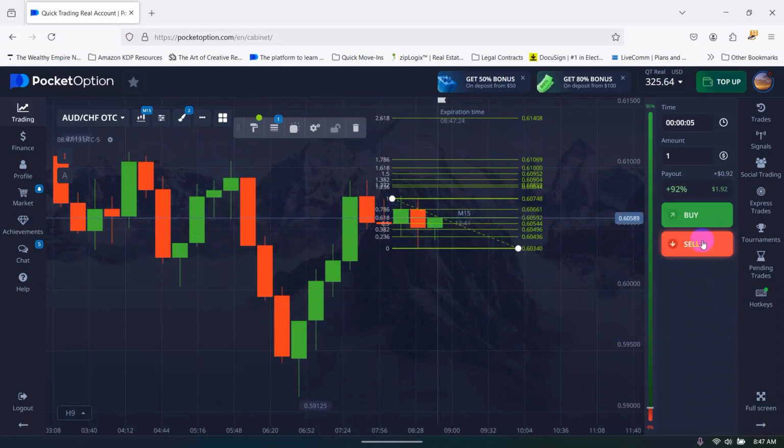Push, push, push. Let's see if that one goes. We win that. 70%.